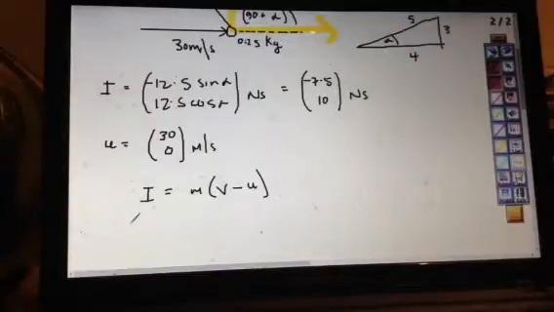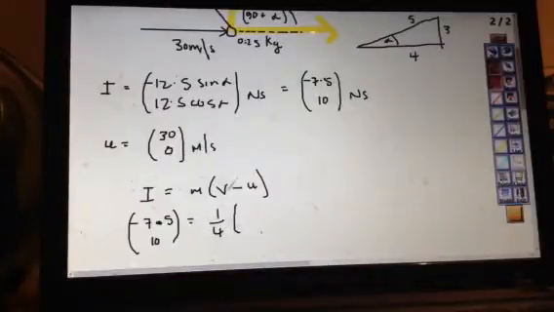The impulse is minus 7.5, 10, and it is equal to 1/4, which is the mass, times the final velocity, which is what we're trying to find, so v, minus u, which is 30, 0.